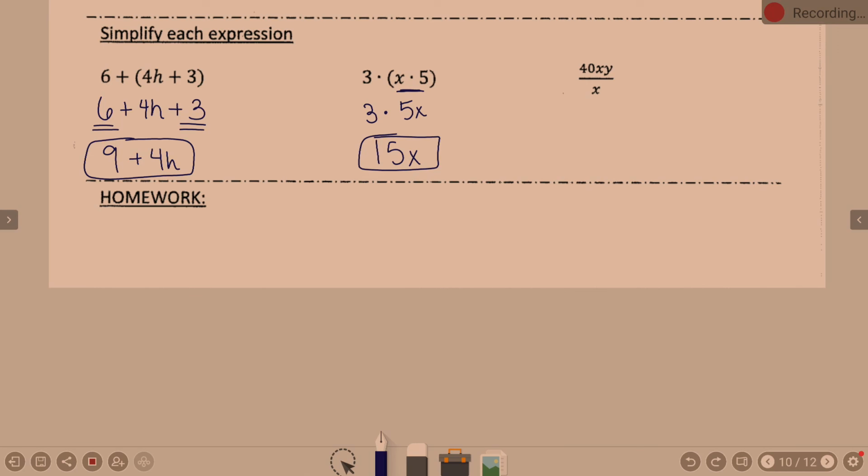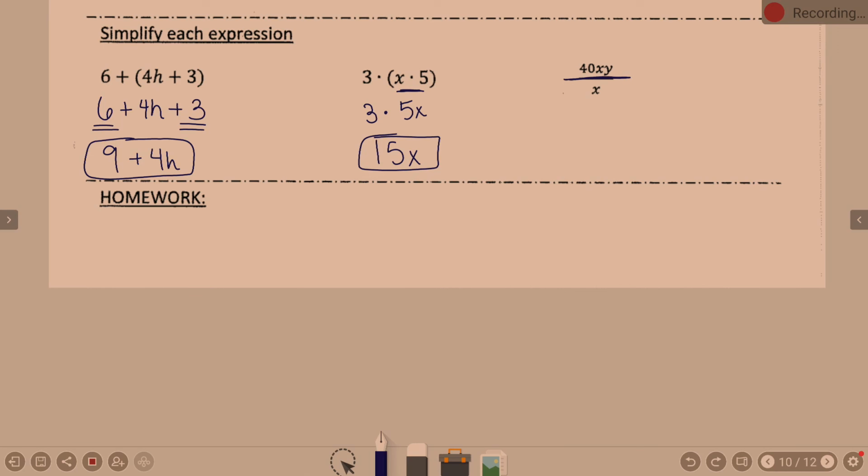40xy divided by x. You're going to do 40 divided by x, right? Does it just stay the same? Okay, first of all, what are we dividing here? What does it say we're dividing? You're changing the problem. You can't change the problem.